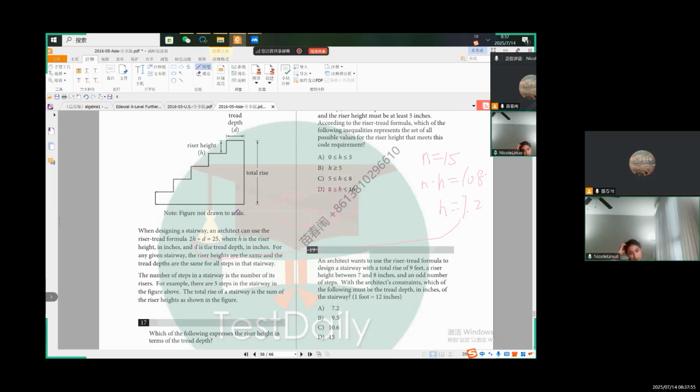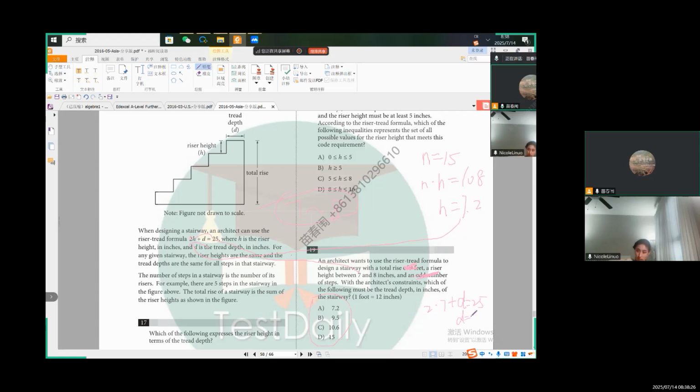Okay. You can't round up. Let me prove why you can't round up. First, there's a lot of information you have not used. If you do that, which means you don't need 9, you don't need all the numbers. Too much information is missing. Does that make sense? And also, when you do that, you can't really choose between A, B, C, D. When you substitute 7 in, 2 times 7 plus D is 25.